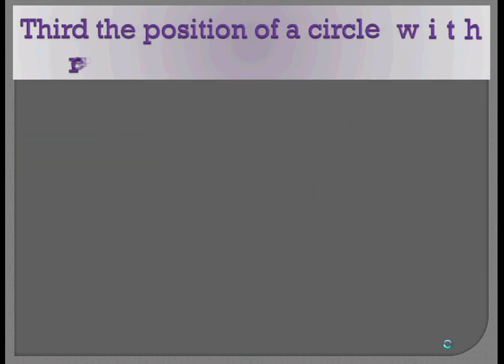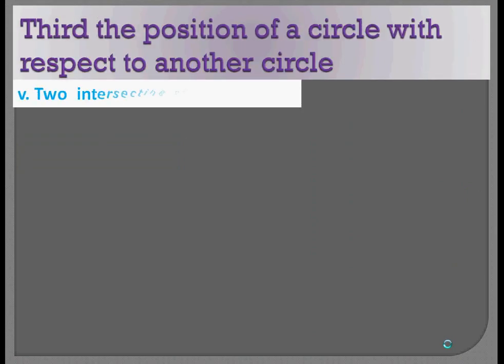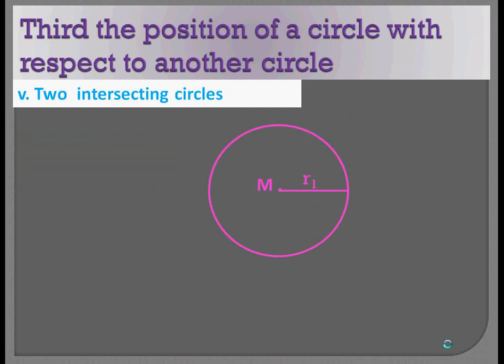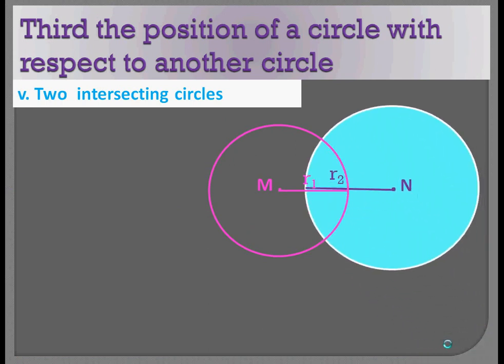The fifth case is the two circles which are intersecting, and this is a very, very important case. If you have two circles like M and N, these two circles are intersecting at two points for the circles and an area for the surfaces of the circles.